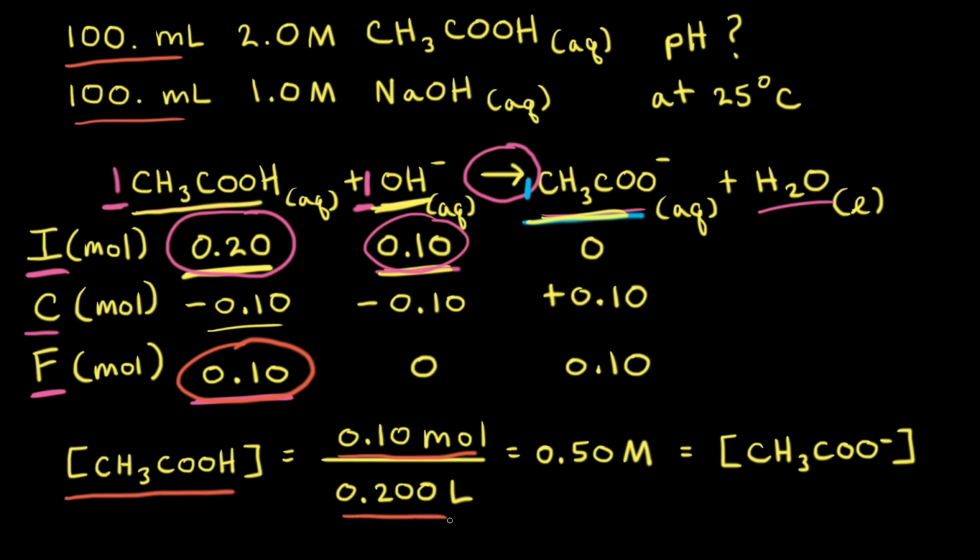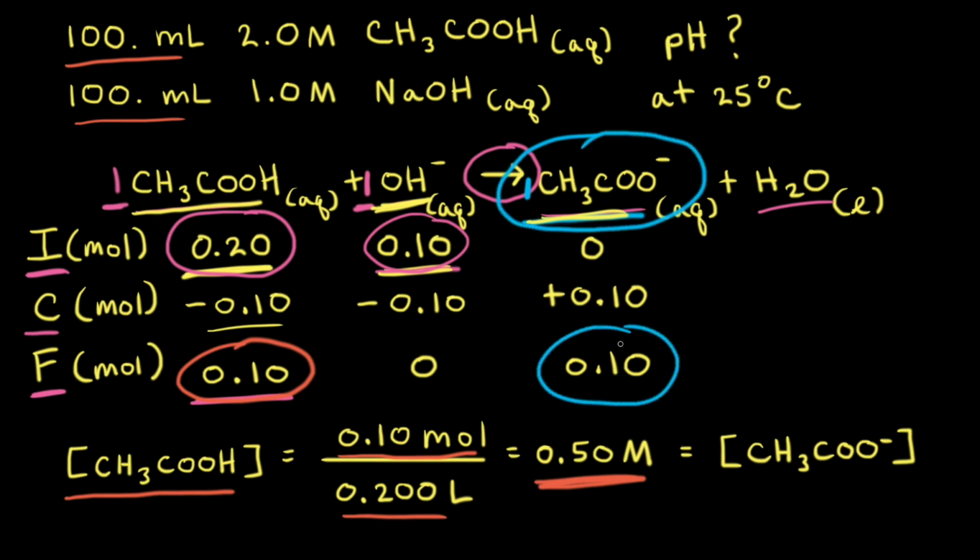Therefore, 0.1 divided by 0.200 gives a concentration of acetic acid of 0.50 molar. And for the acetate anion, we also had 0.10 moles. The total volume is the same, so it's the same calculation as before. 0.10 moles divided by 0.200 liters gives a concentration of acetate anions of 0.50 molar.